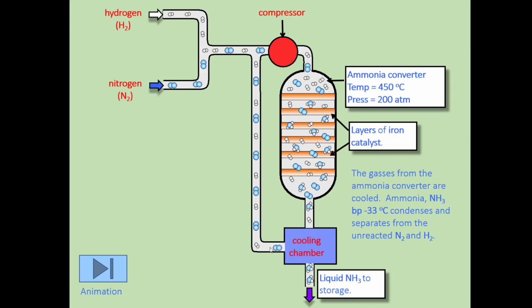So what the Haber process does is it feeds back anything unreacted to go again and to try and react it into ammonia. So anything that comes out of this reaction vessel that isn't ammonia gets separated and put back in again. And that is a great way to increase the yield of our chemical reaction.